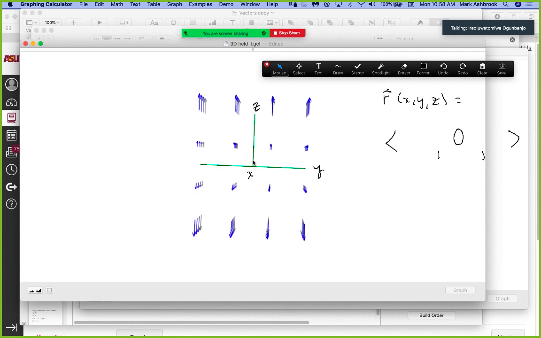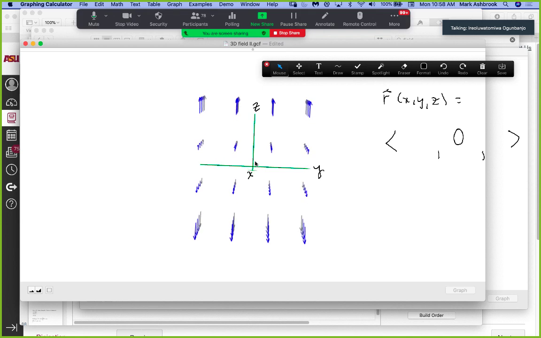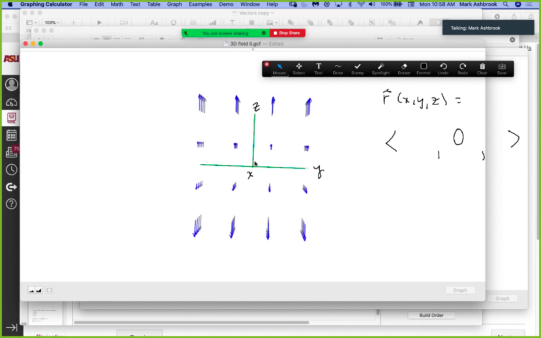So the z components of these vectors are not changing with y. The z components of the vectors are changing with what? With respect to z. Right? As you go up in z, the z component of the vector increases. And as you go down in z, in negative territory, the z component gets more negative.